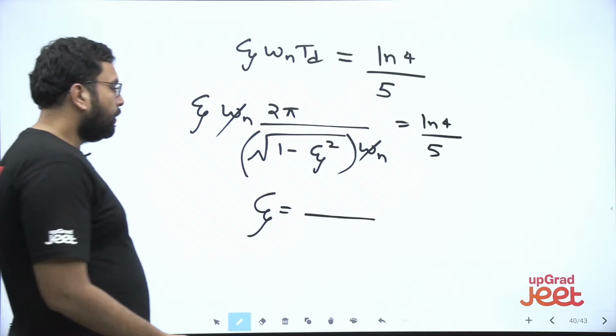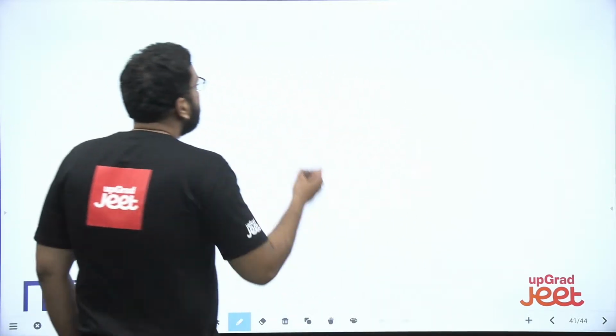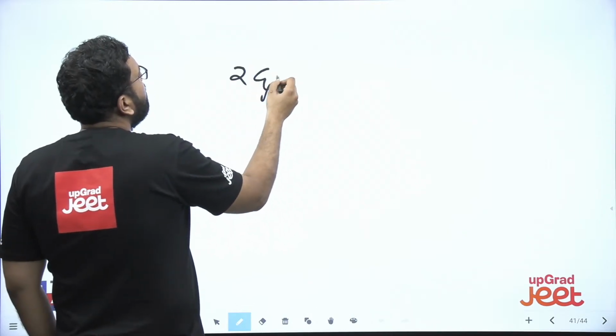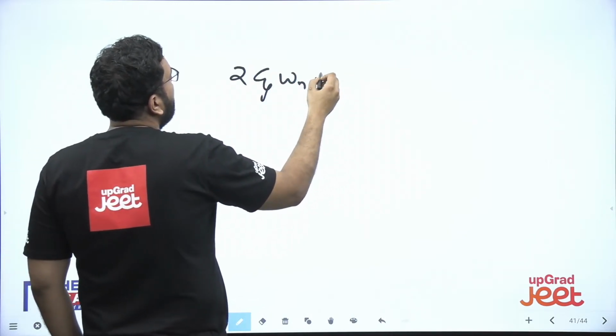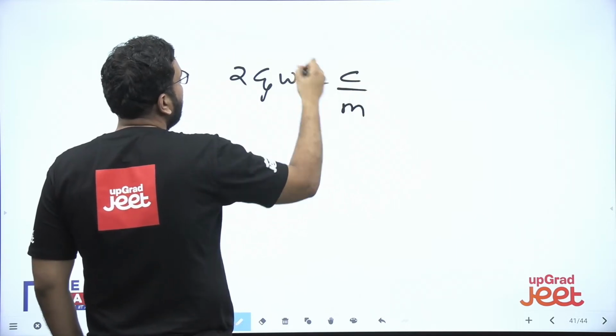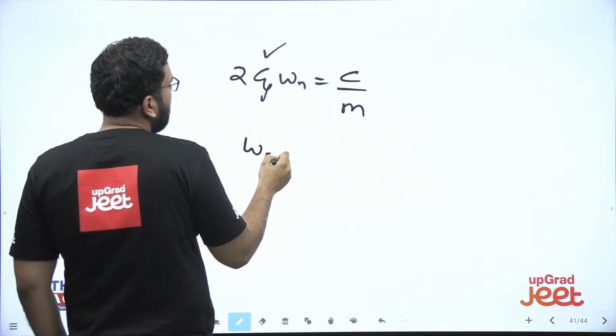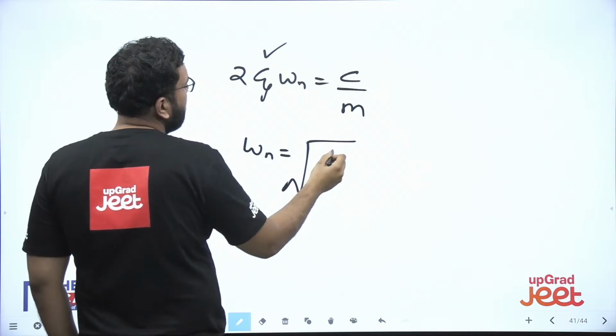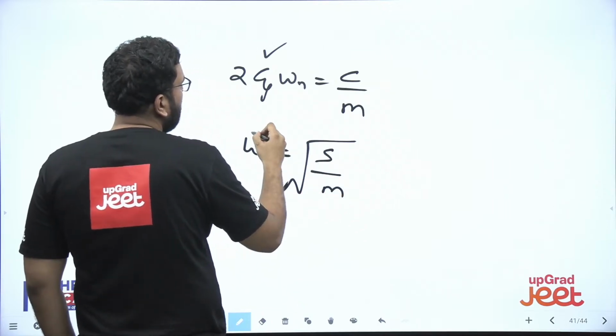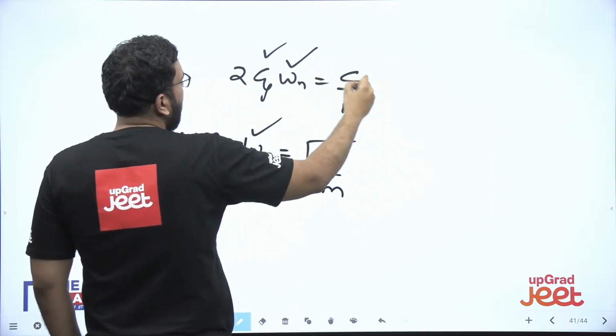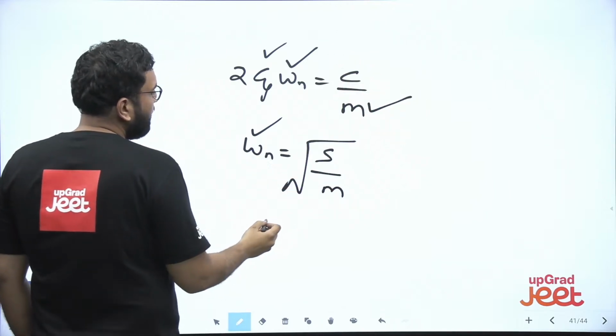Also, if we can find the zeta, we also know that 2 zeta omega n is equal to c by m. Now you have the zeta. For omega n, you are given s and m. Both are given, so you have omega n also. M is also given, so only 1 variable remains, that is c.